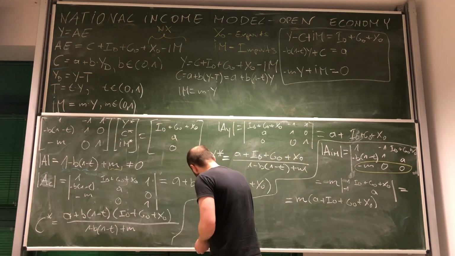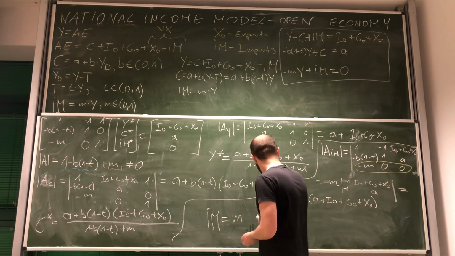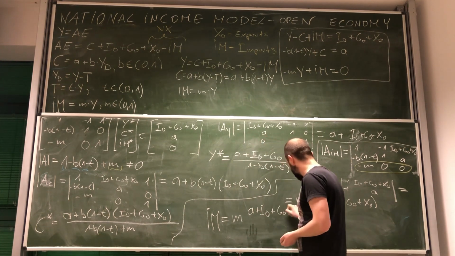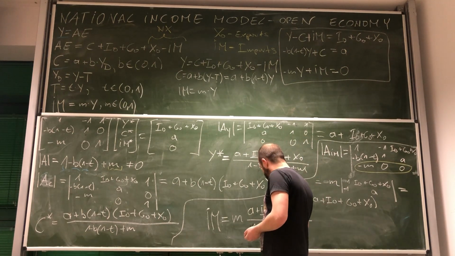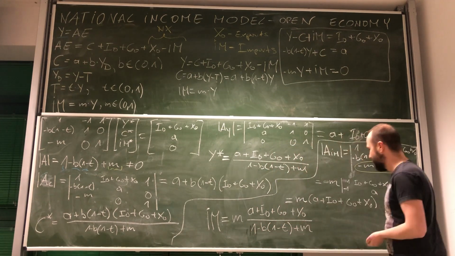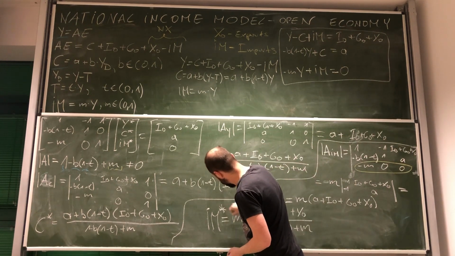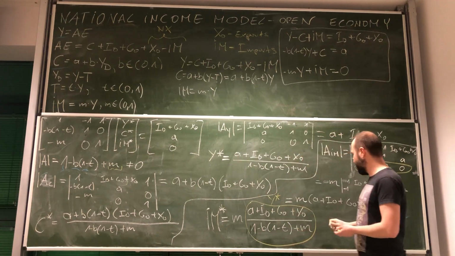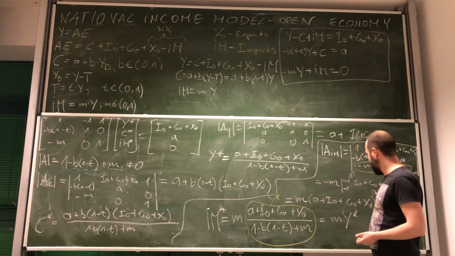Consequently, equilibrium level of imports is equal to M times A plus I0 plus G0 plus X0, all divided by 1 minus B times 1 minus T plus M. And because this is nothing more than equilibrium level of income, we can write that this is equal to m times y equilibrium.